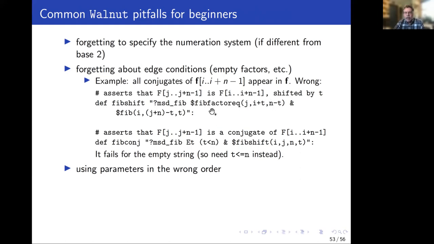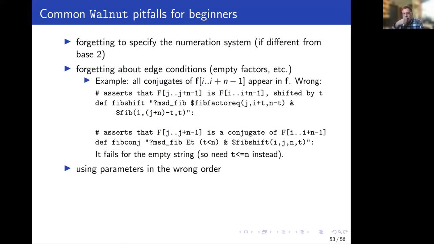And the problem is that if you restrict your shifts here to shifts between 0 and n-1 by saying the shift size is of size t and t is less than n, then it's going to fail for the empty string because there is no integer between 0 and less than 0. So in fact, you need to write t less than or equal to n or special case 0. So this one caused me endless problems in something I was doing because I didn't realize this subtle problem for the empty string.